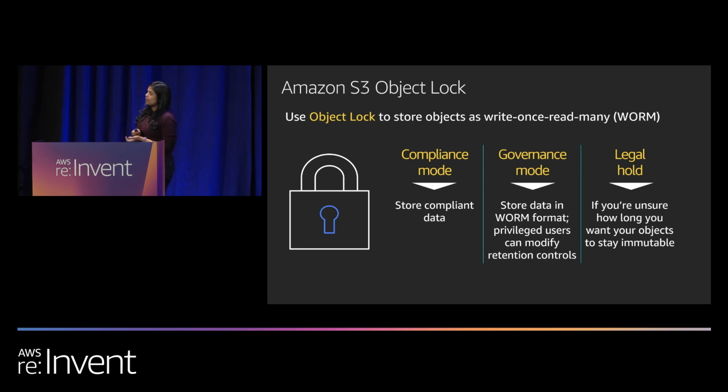So you can see compliance mode. In compliance mode, an object version is protected from being overwritten or deleted for the duration of the retention period. Also, in compliance mode, no user can delete or override the object or alter the lock settings, not even the root user in your AWS account.